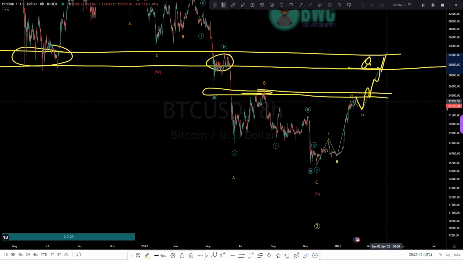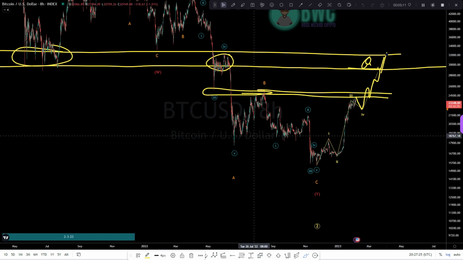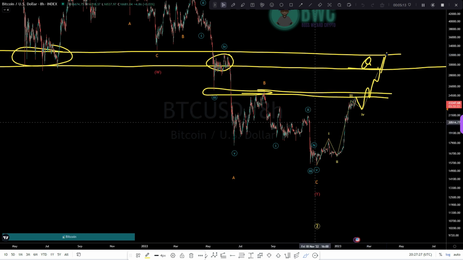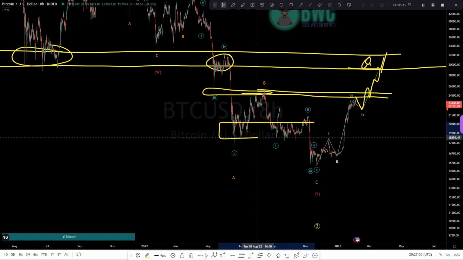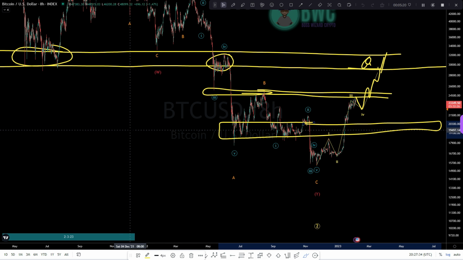And then after that, you're going to get a 3-wave move, probably a zigzag. Doesn't have to be, probably is. You can use these same ranges again to figure out your zigzag. Now this range here, if we're using ranges, that range there is probably where it's going to bottom.